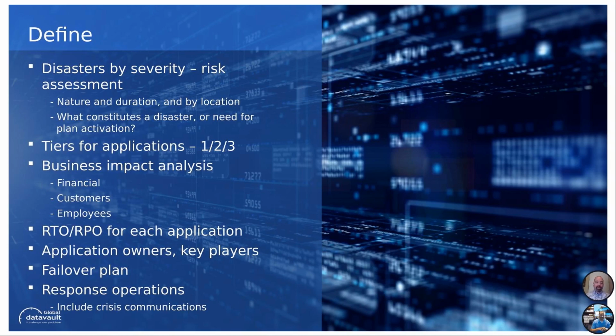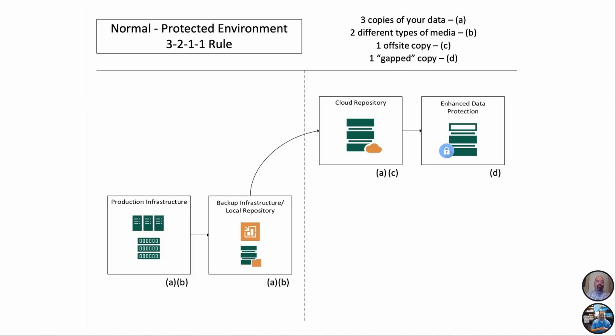But that's a great segue into our documentation section. We have a failover plan scenario. I forgot about this. So when you're in your failover plan, you want to think about how things are going to work, right? And you mentioned flowcharts and those types of things. So what we have here is just a basic, normal protected environment. Nothing's going on, right? We're just enacting our 3-2-1 rule, and we've added that separate one as a gap copy.